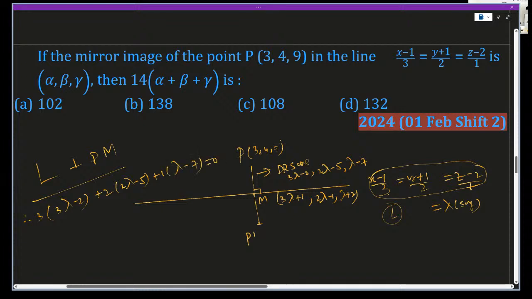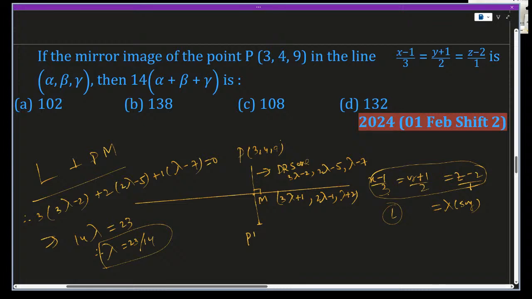This product should be 0. So 14 lambda is going to be 23. Lambda is 23 by 14. There is no mistake in this calculation.